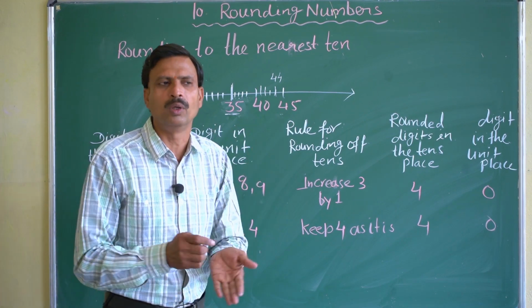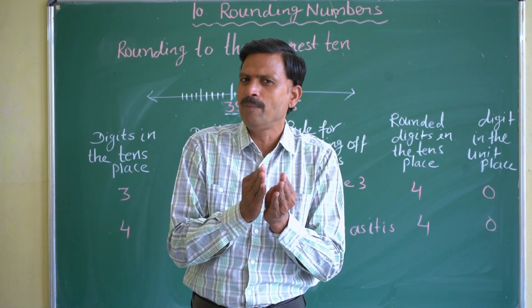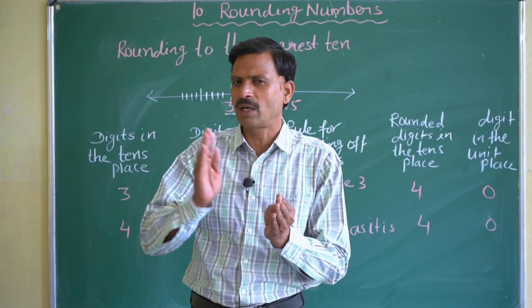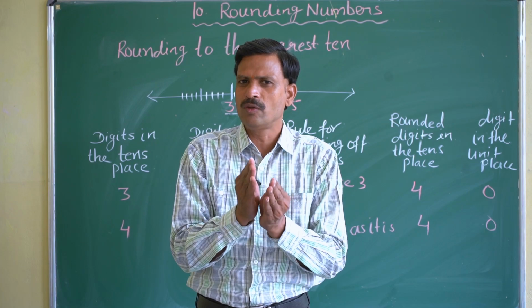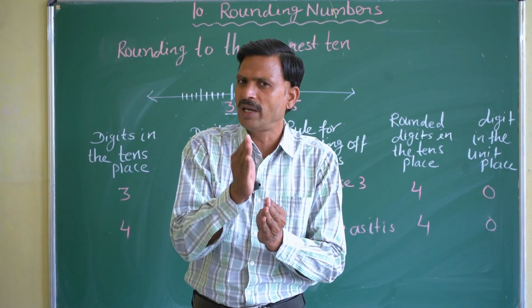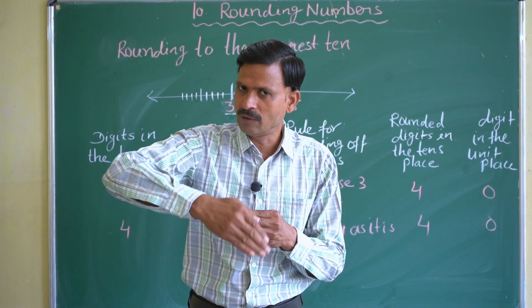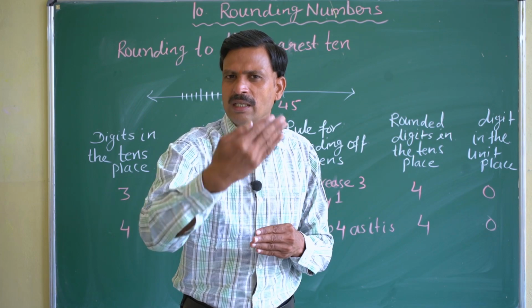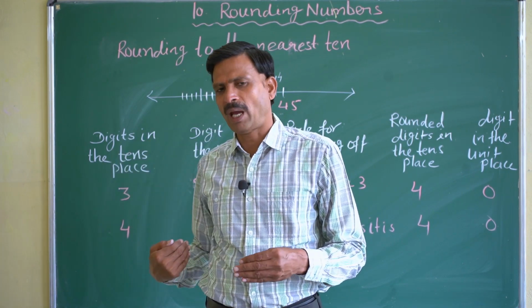So this is the rule. Whenever we are rounding off a number to the nearest 10, we'll see what the unit place value is. If the unit place value is 5 or more than 5, it will go to the next nearest 10, otherwise it will go backward.